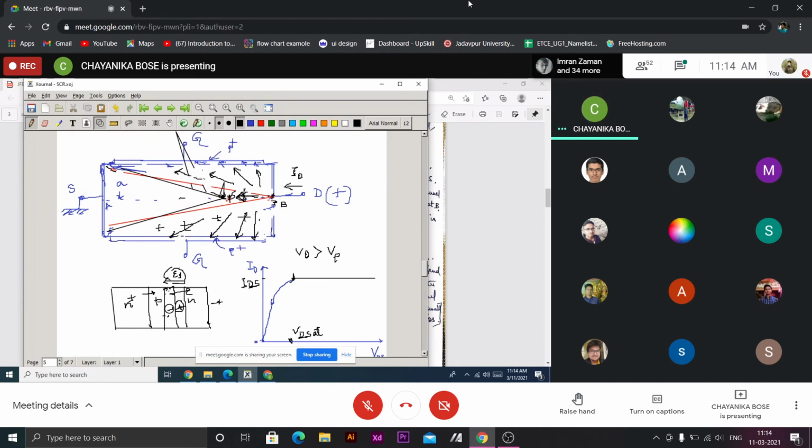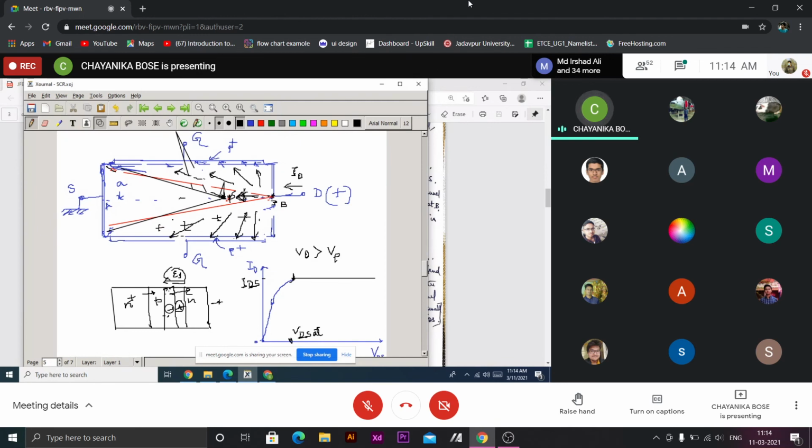region enter the P region. Then the channel does not exist. But the depletion region is there, and the direction of field will be like this. Field lines will have direction like this, from positively charged donors to negatively charged acceptors. So this will be the direction of field.